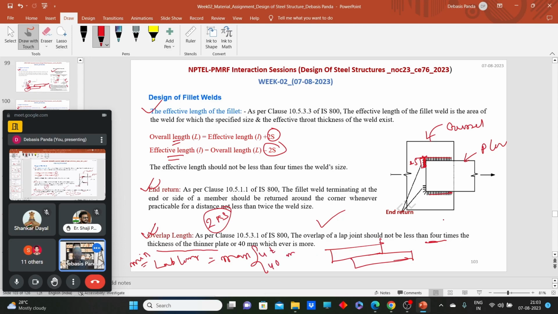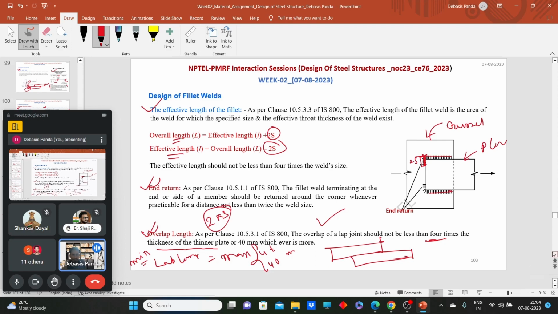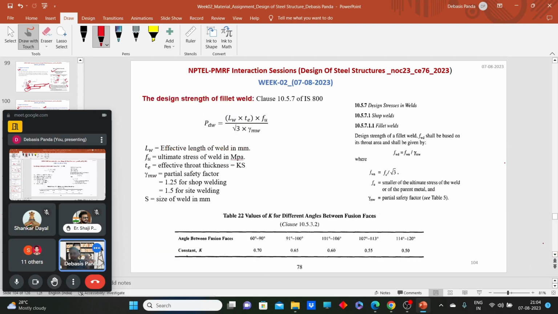So we need to be cautious when lapping two members over each other using a weld connection. We need to ensure that the minimum lap length is the maximum of these two, and T is the thickness of the thinner plate. Now we have understood that fillet welds have parameters like effective length and throat thickness. If we multiply these two parameters, that gives the effective area of this weld.